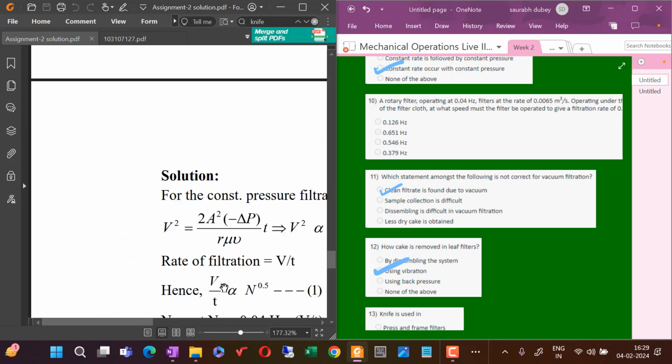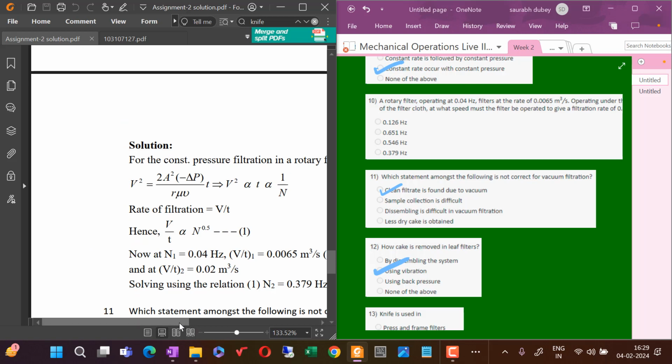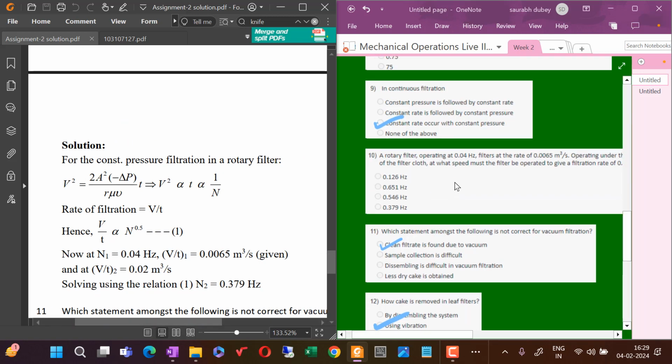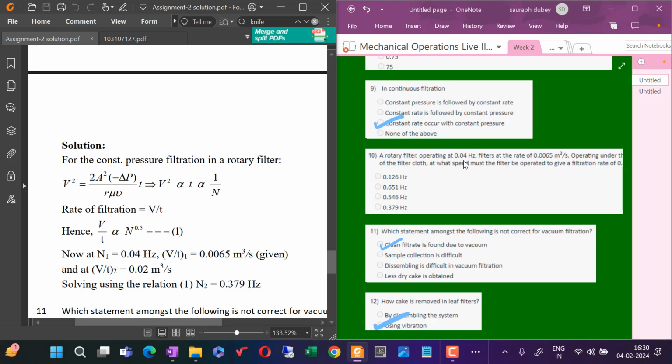Here you see, this says a rotary filter operates at 0.04 hertz and filters at the rate of 0.0065 meter cube per second, operating under the filter conditions. At what speed must the filter be operated to give a filtration rate of 0.02?